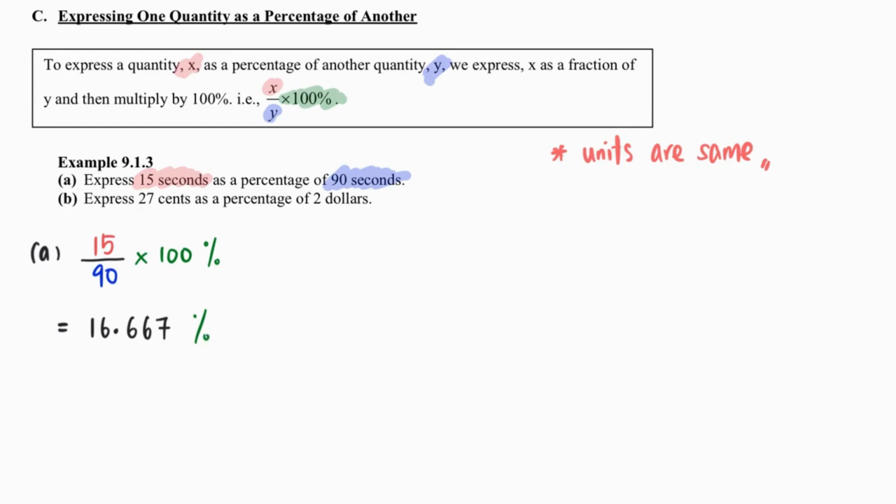Do take note, I only calculated 15 over 90 times 100 because the percentage is a notation out there. This is for 5SF. Final answer in 3SF, 16.7%.